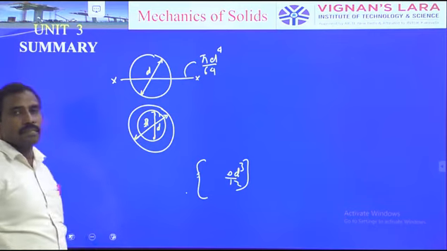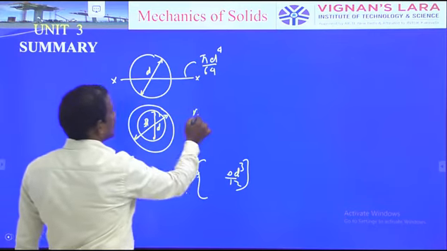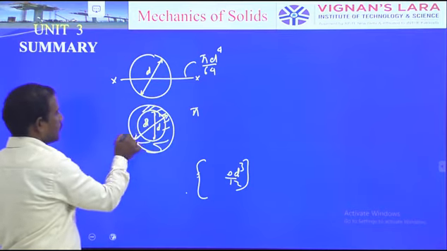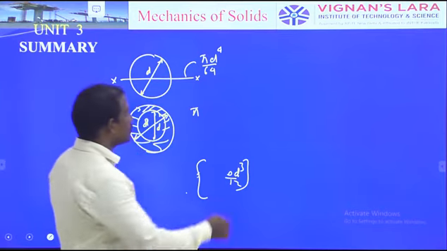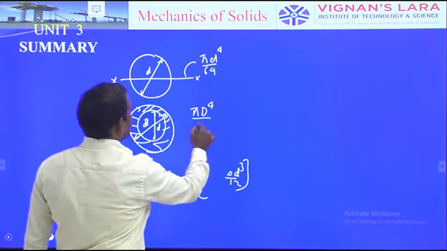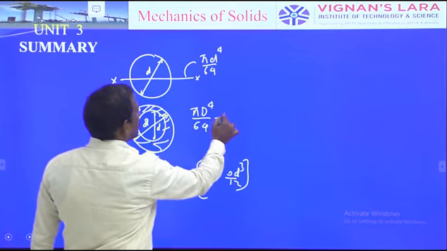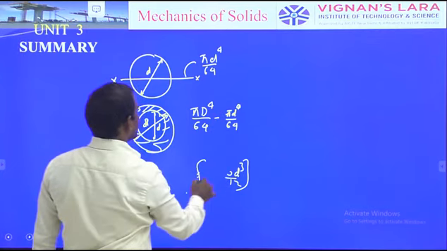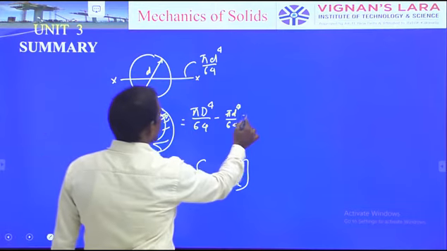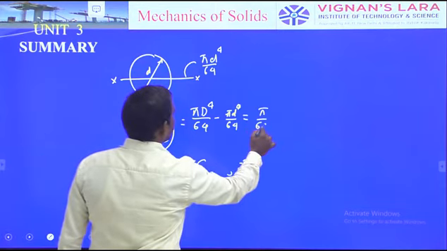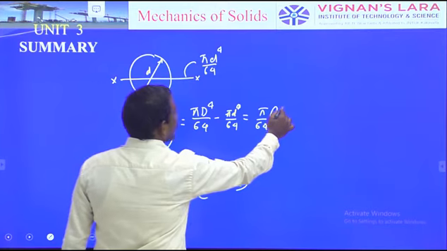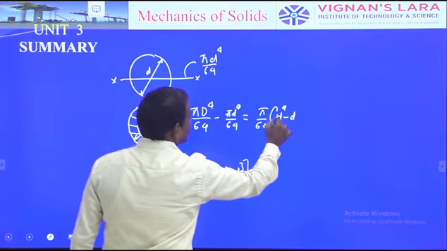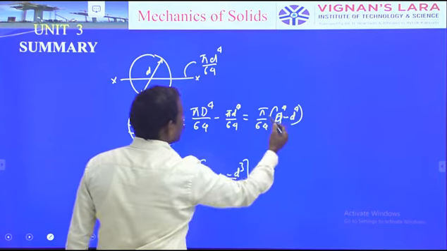So from that base formulation, the moment of inertia of the shaded region is pi capital D power 4 by 64 minus pi small d power 4 by 64. Finally, that is equal to pi by 64 into capital D power 4 minus small d power 4.